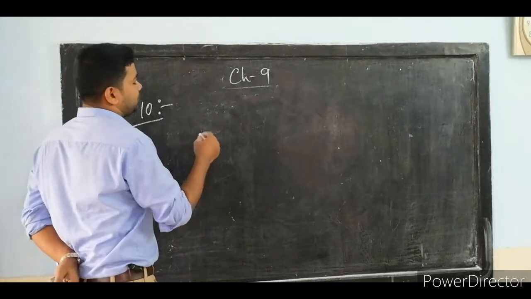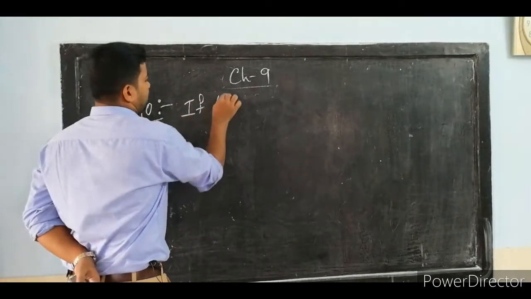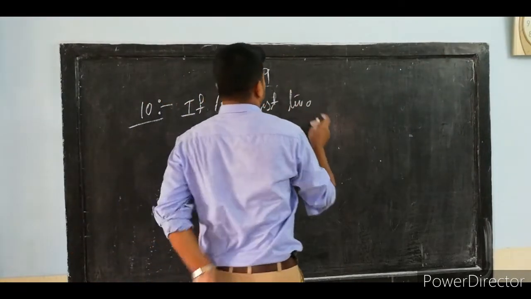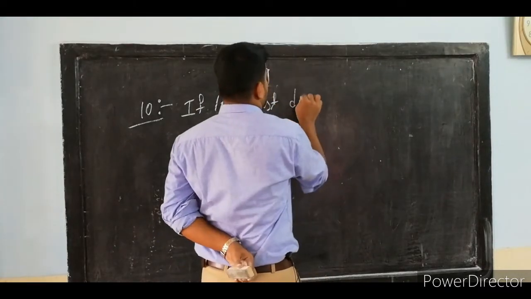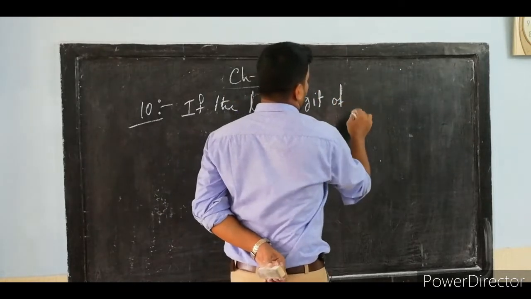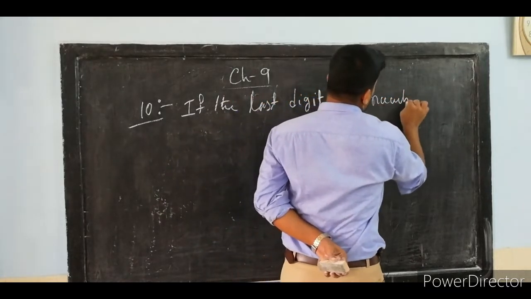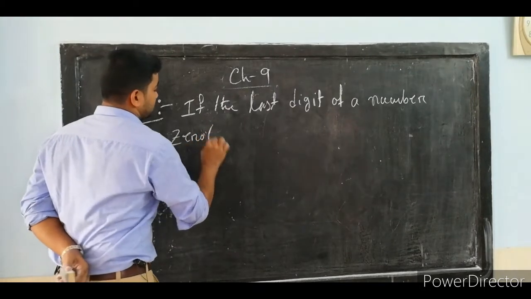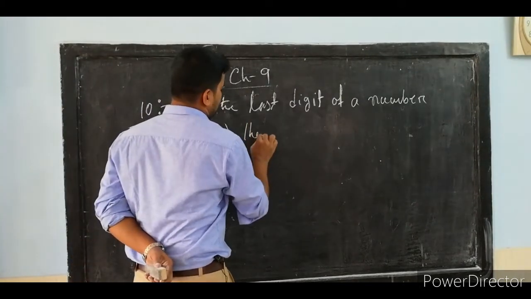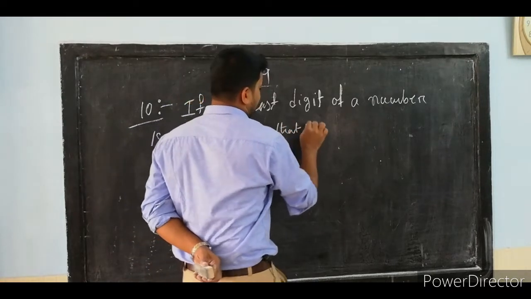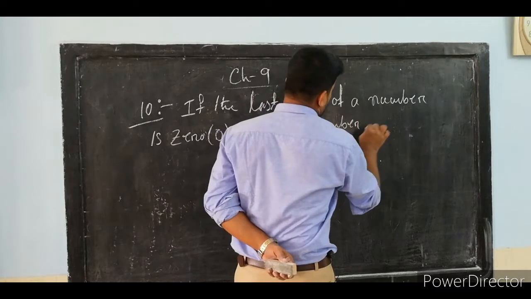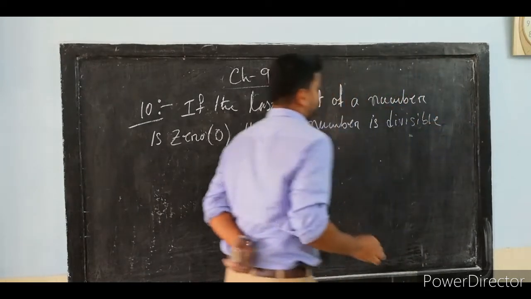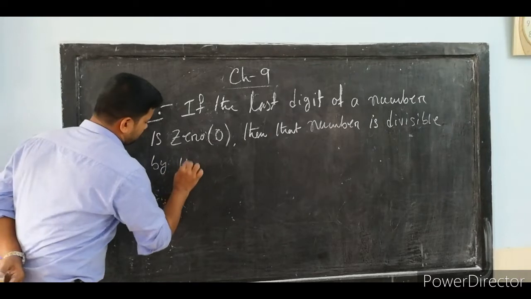So for 10, the divisibility rule is, if the last digit of a number is 0, then that number is divisible by 10.